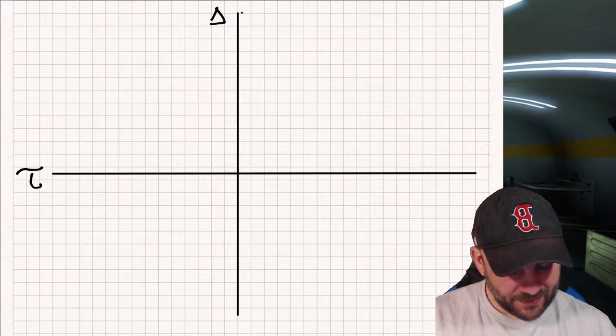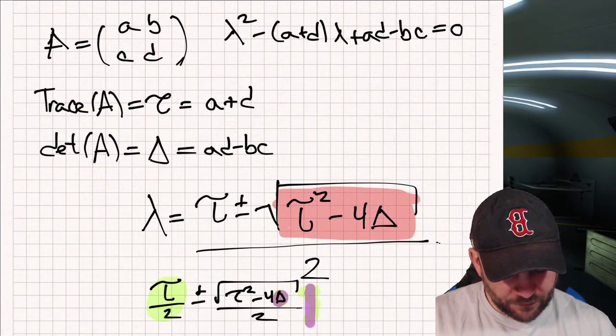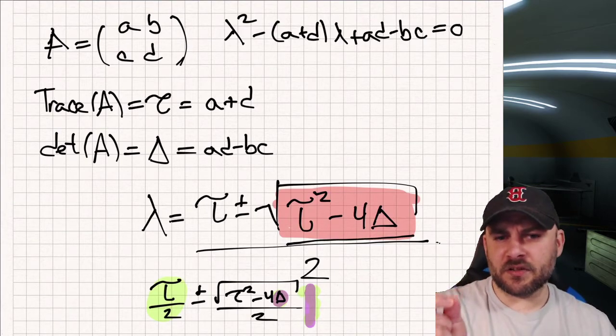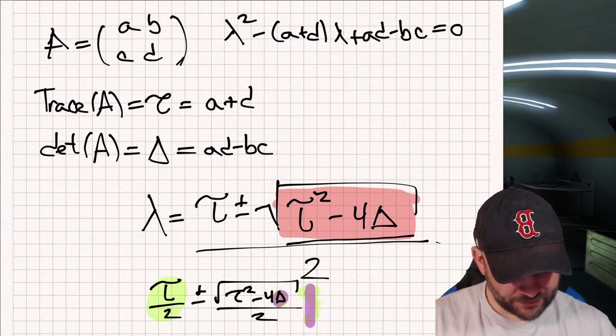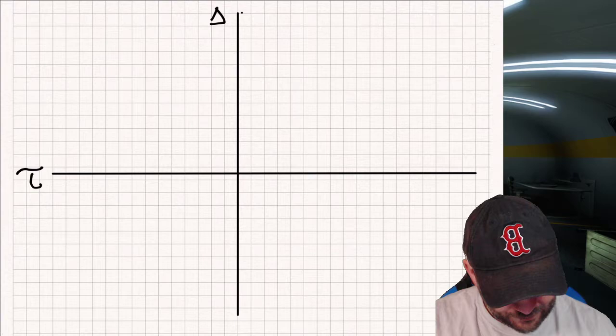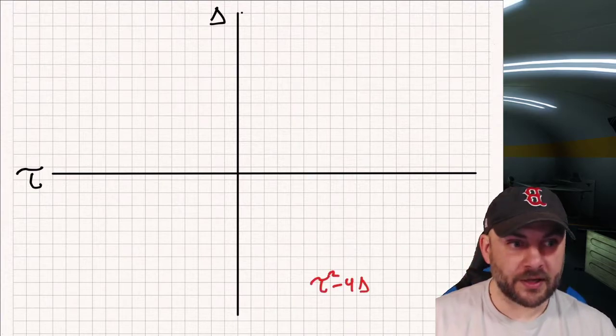Okay, great. Now, if we look right here, the first bit here, this tau squared minus 4 delta, this tells me if I'm real or complex, right? So let's work with that right down here. Tau squared minus 4 delta. Okay, great.